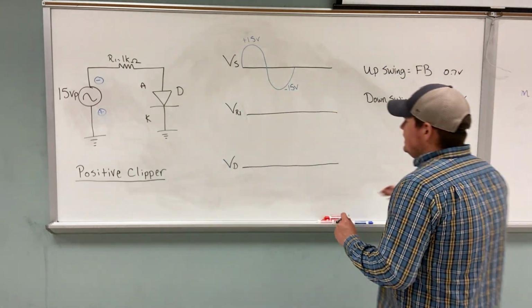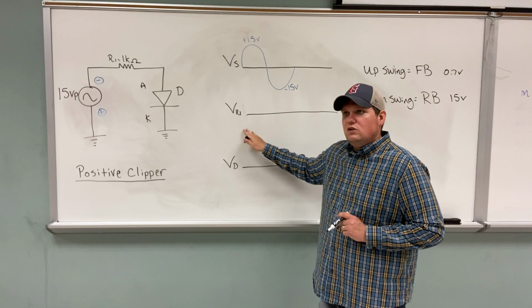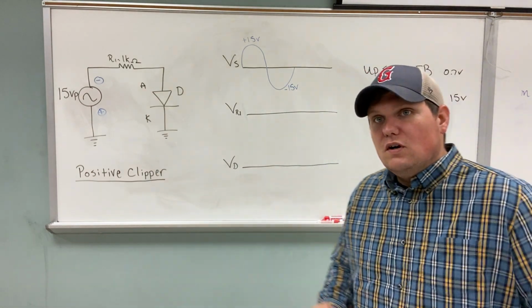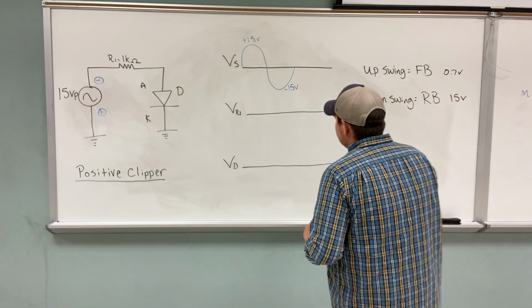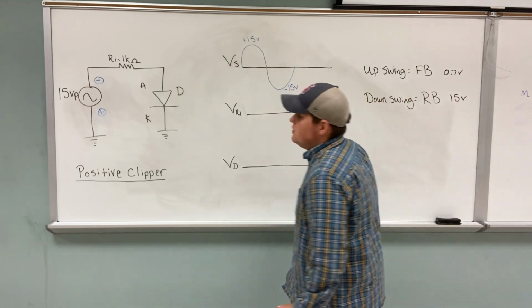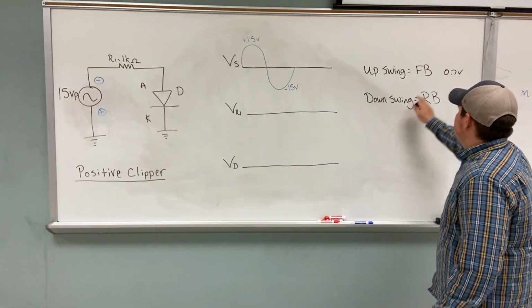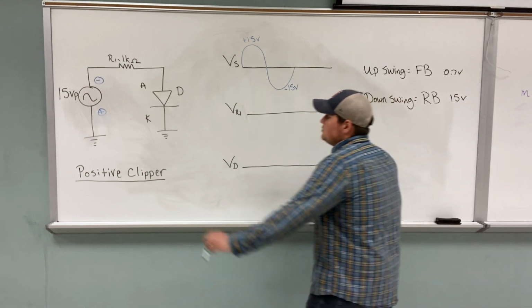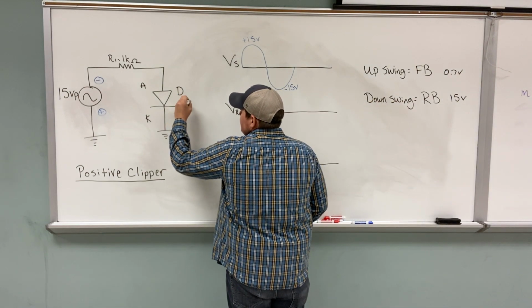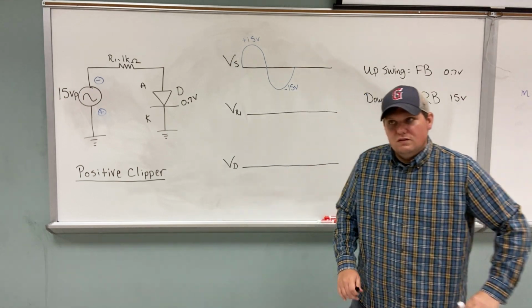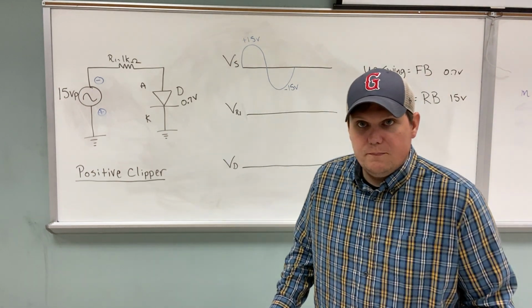Now let's look at what the waveform would look like across VR1. On our upswing, is the diode forward bias or reverse bias? It's forward bias. So on the upswing, the diode is locked at 0.7 volts and current is flowing.